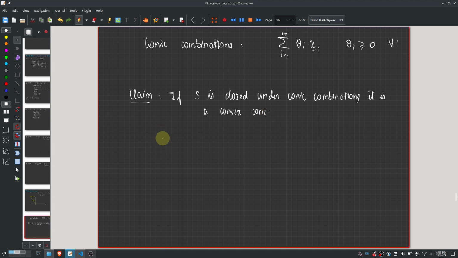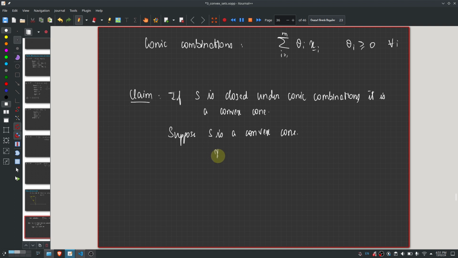So suppose that S is a convex cone. We want to show that it's closed under all possible conic combinations, right?